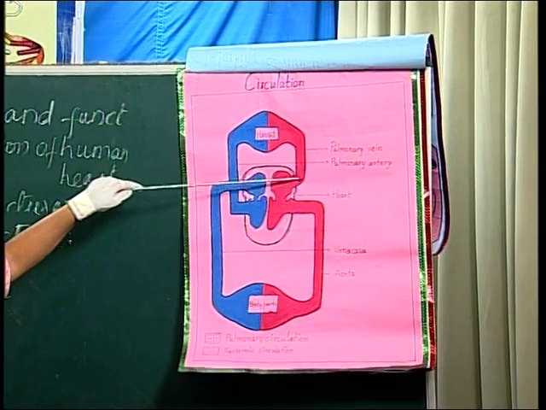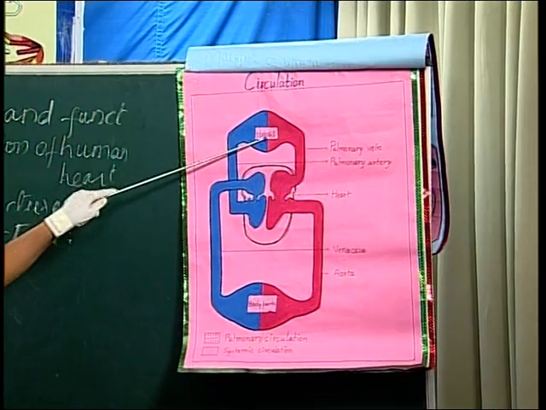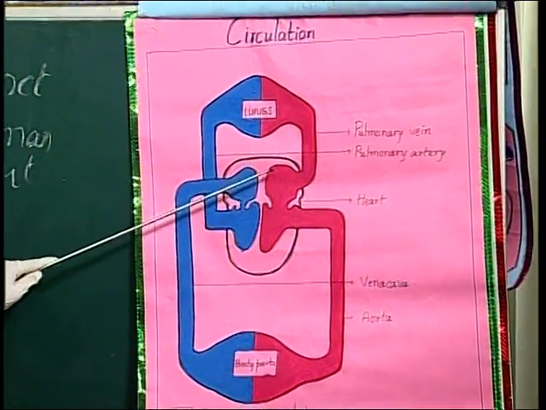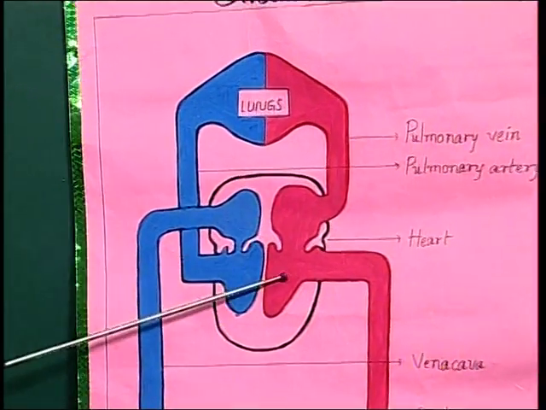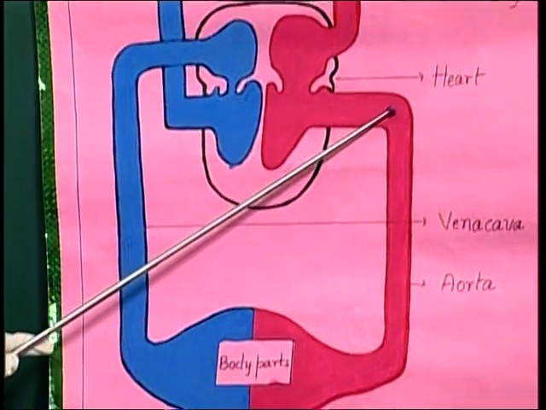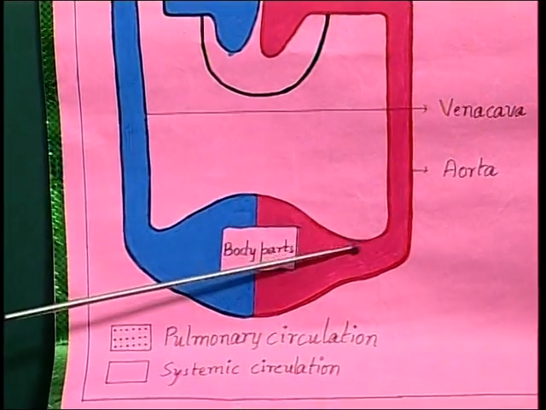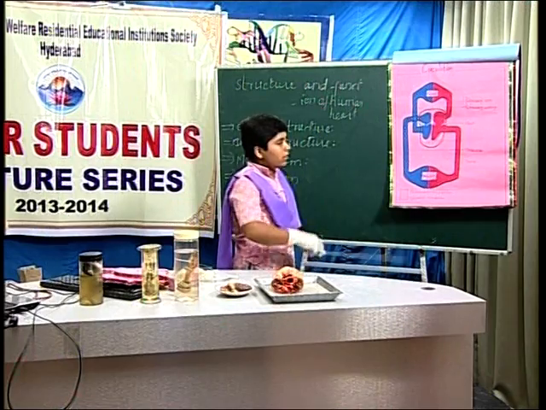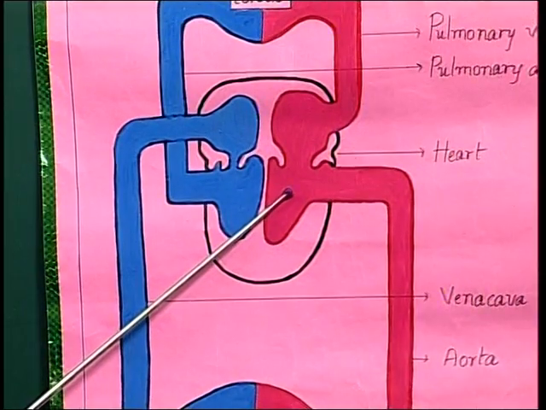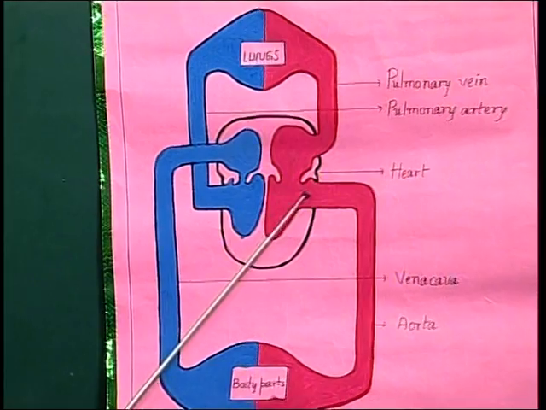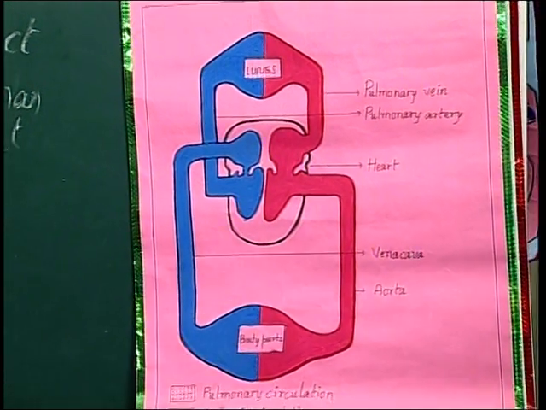From the left auricle it enters the left ventricle, and from there it is carried by the aorta, the systemic aorta, to the different body organs.